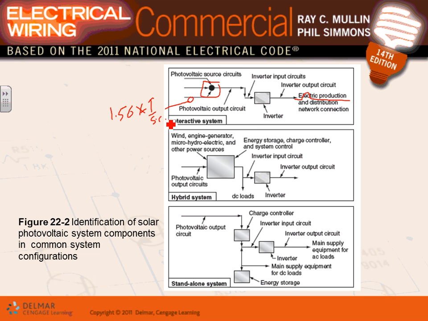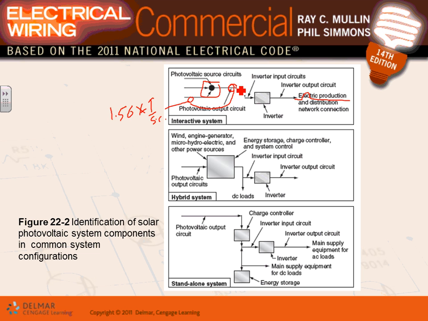So why 1.56? This 1.56 is, guys, a combination of continuous load and a special operation of this solar photovoltaic system. Continuous load 1.25 plus another 1.25 gets you 1.56, and that's how you size your conductors here. The same thing, Adam, also you size your conductors right here.